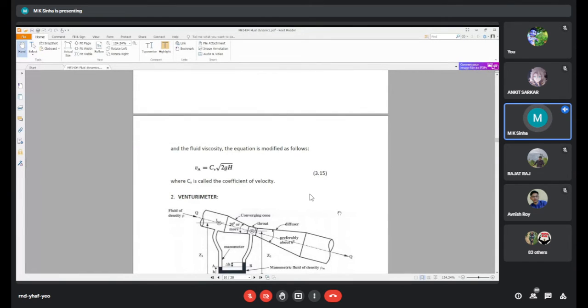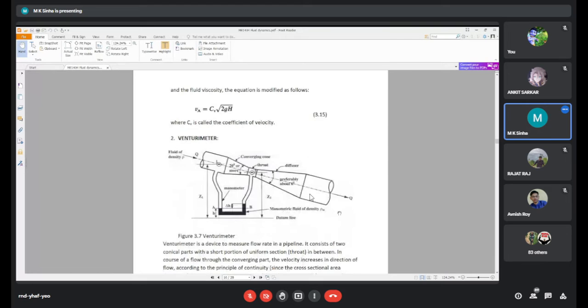Next, that is the Venturi meter. Venturi meter is available in our lab in model form, and it is attached to the Francis turbine, Kaplan turbine, and Pelton turbine. All these turbines are available in the fluid machinery lab, and this model is also available.